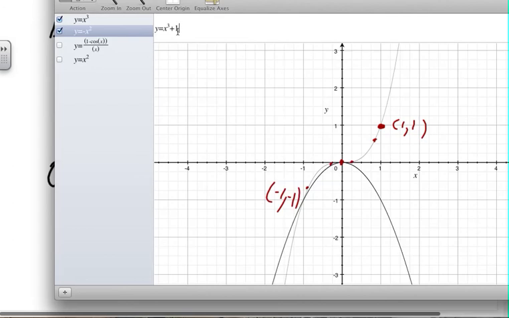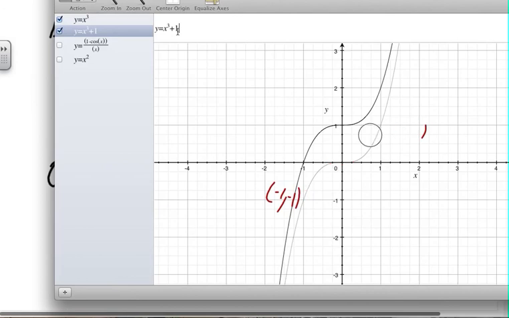Now you notice this is the one I had before, but I've added 1 to it. And when you take a look at this thing, this does not have even symmetry, because we're not symmetric across the y-axis. If we were, then this point should have a point over here.